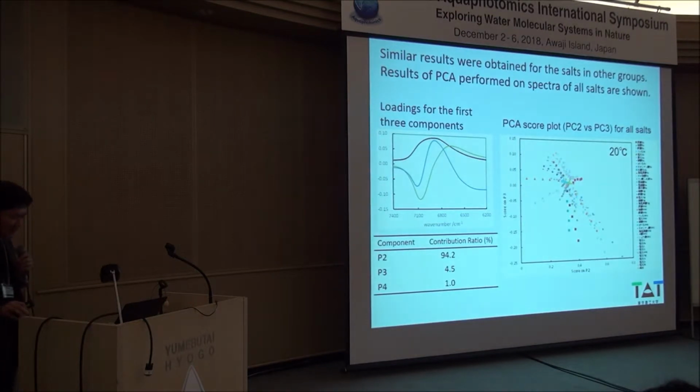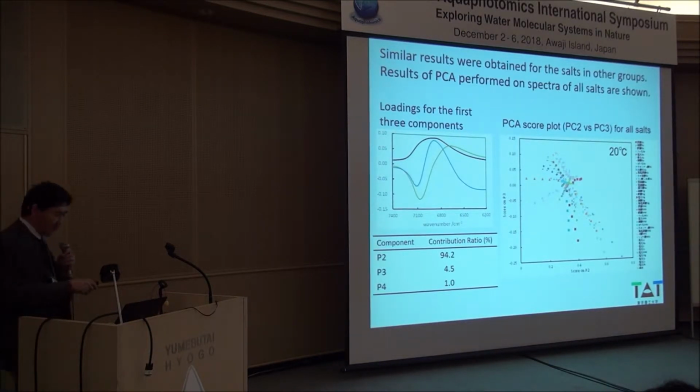The score plot for 42 salts at 20 degrees, shown here, shows an almost linear variation starting from the plot for pure water, around here, in a specific direction.